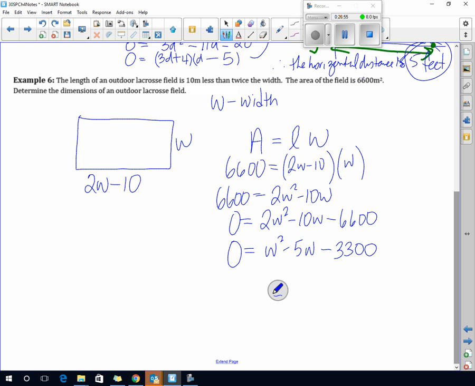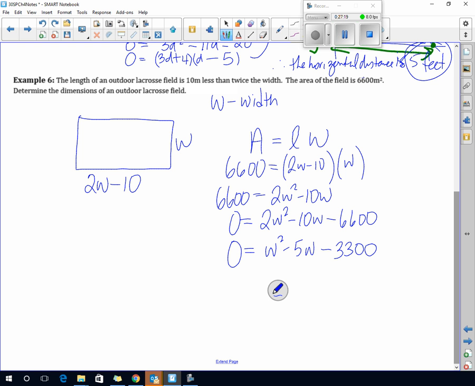Huh? 12. We can grab our calculator at this point, if you want. 66 and 50. They're not close enough. Does anybody know a fast way of finding numbers close that multiply? Something times something is 3,300, and the numbers have to be close.